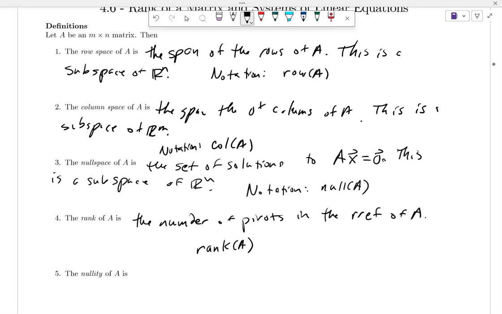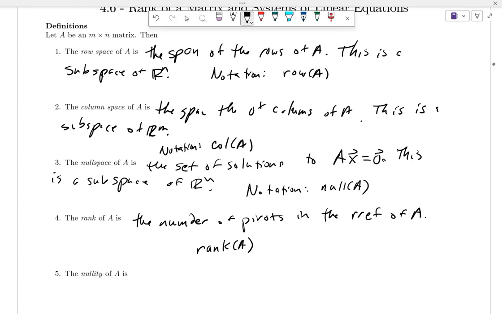All right. So in particular, if I think about how this relates to the column space, remember we said if we wanted to find a basis from a set of vectors, you put those vectors in as columns and row reduce, and then go back and grab the columns that corresponded to the pivots, right?